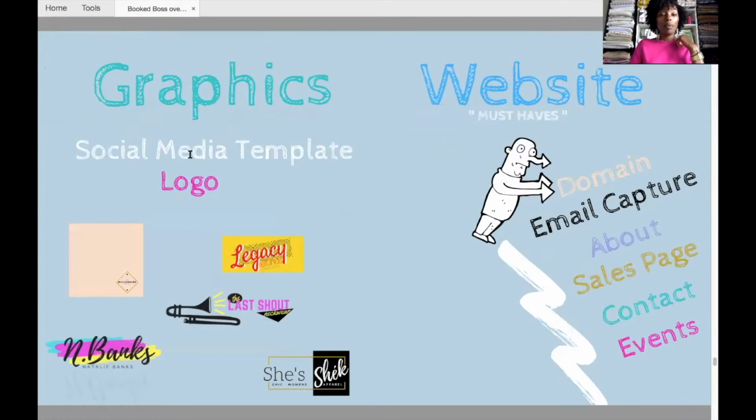But check this out. So these are some of the social media templates here that I'm pointing at that people use. So actually, that's my old one. To be able to just put things out there and have a consistency throughout social media. These are also some of the logos that I've created for people. No, guys, I am not a graphic designer. I do not pride myself on being one. But I don't mind helping my clients that say, Ivy, I really don't have the money to create a logo.